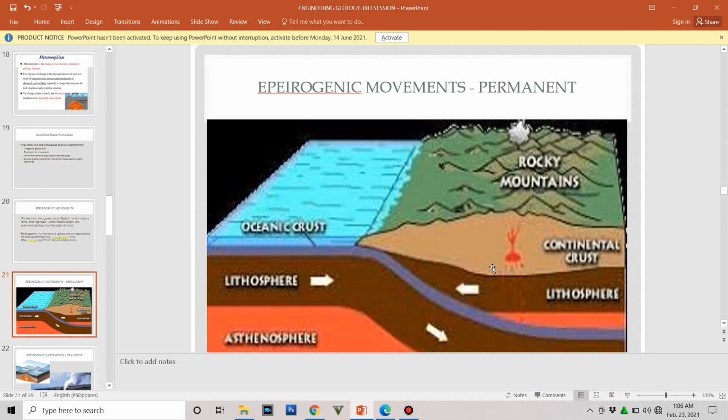So yung mantle plume, meron siyang vertical pathway of magma that is exiting your outer core. Okay, so that is a mantle plume.